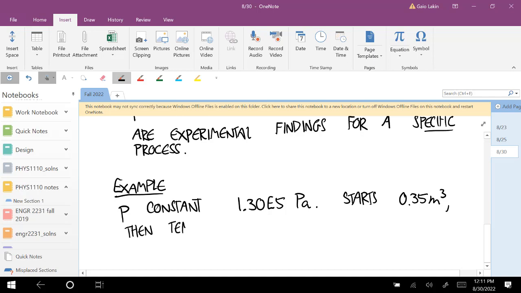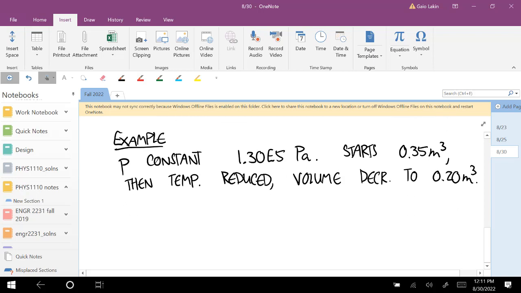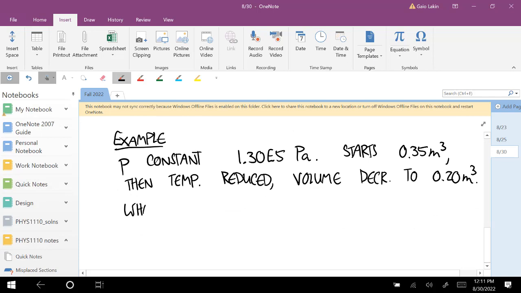Then the temperature is reduced, and the volume decreases to 0.20 cubic meters. What's W for the gas?